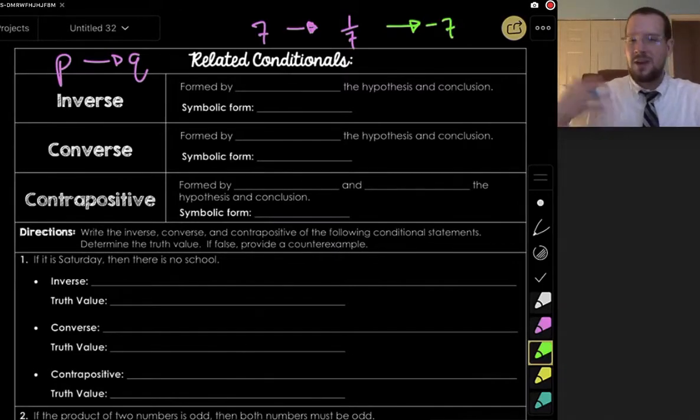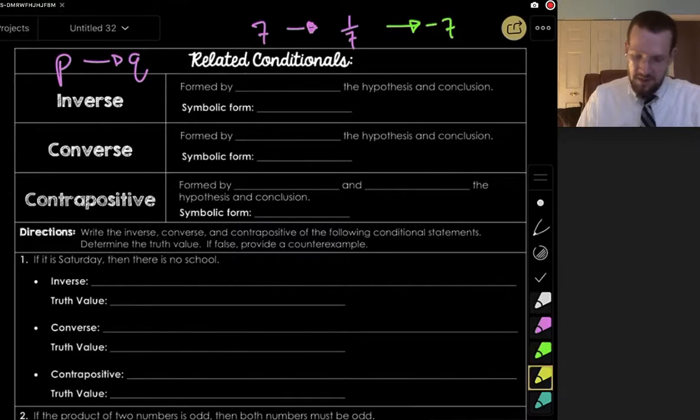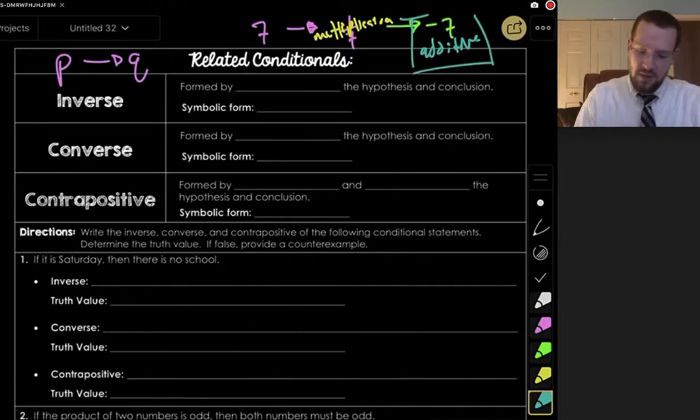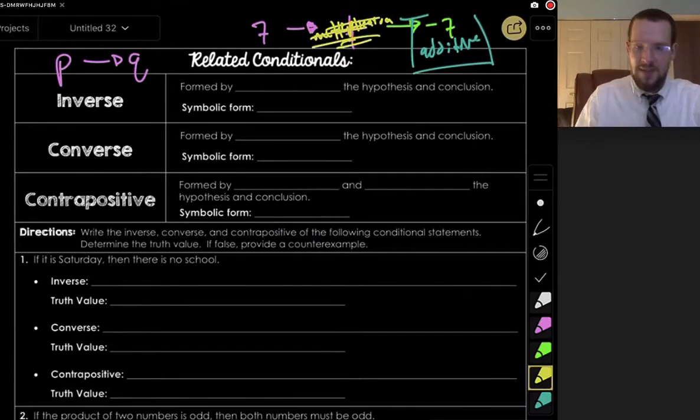When we deal with numbers, we can kind of invert things to make them opposites, to make them negative. This is the multiplicative inverse, and this is the additive inverse. What I would like you to focus on is that -7 is the inverse here. We're not going to be dealing with the multiplicative sense, it's going to be more the additive sense. When we invert things, we're going to be thinking about making them negative.